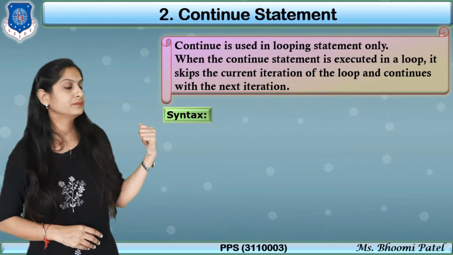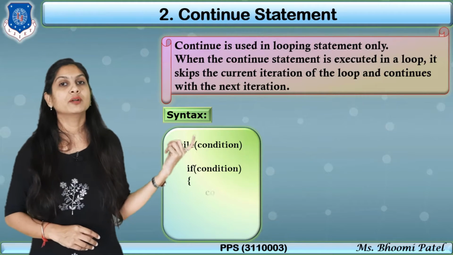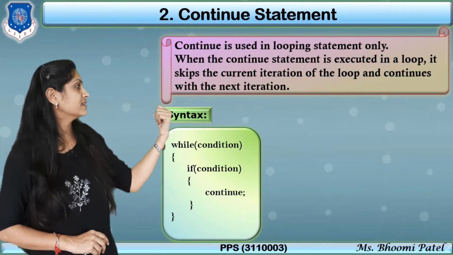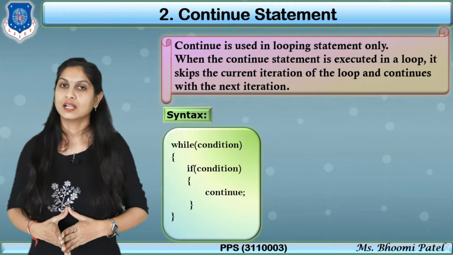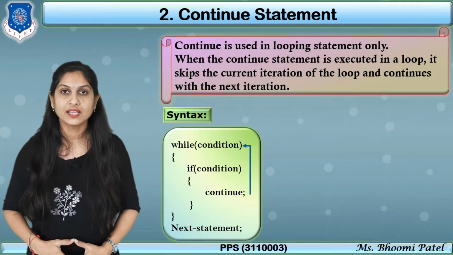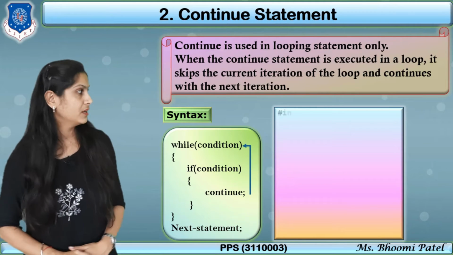Let's see the syntax. The only change is that instead of the keyword break, we put continue. So while is there, inside the while the if is there, and inside the if we put the continue keyword. Now we discuss the same example for continue, only the output will change.